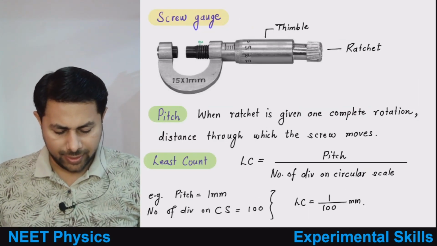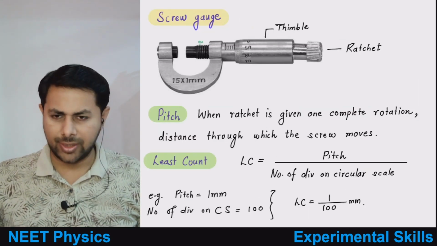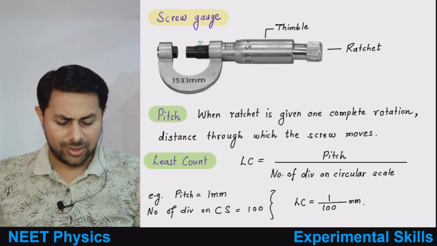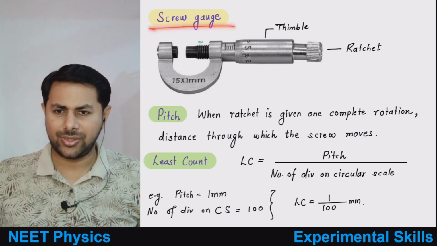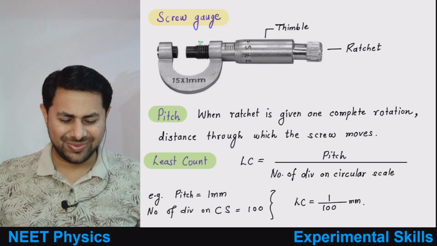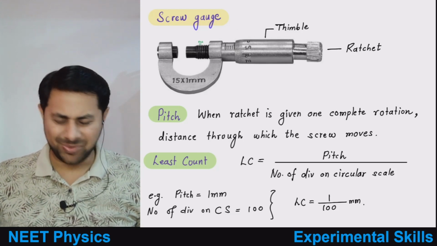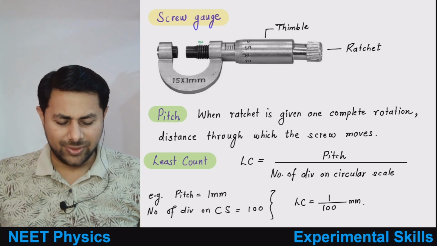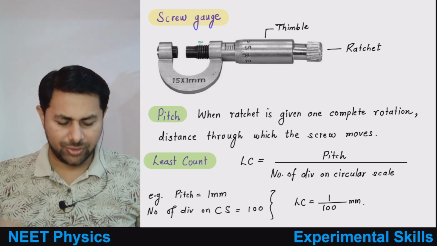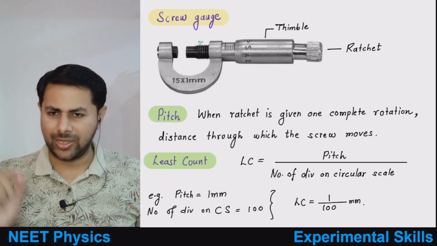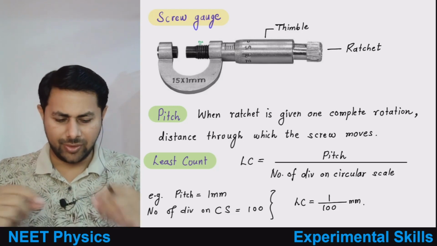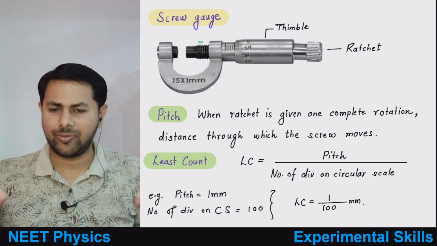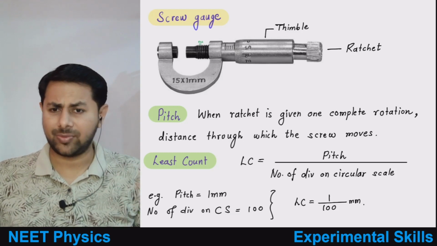Then next, let's talk about another measuring instrument, the screw gauge. However you pronounce it. This is used to take finer measurements. For example, you want to measure the width of a cable, the radius of a wire.